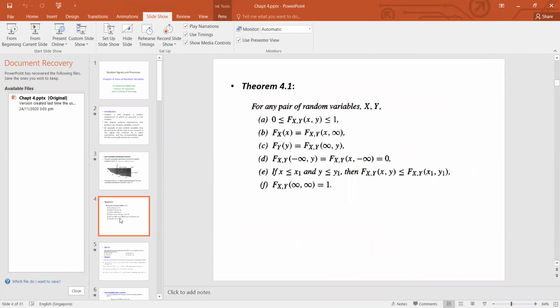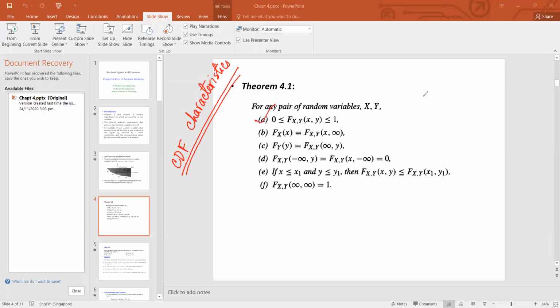Now, if I go to the next slide, this slide is about Theorem 4.1. This one is about CDF characteristics. What characteristics does the CDF have?